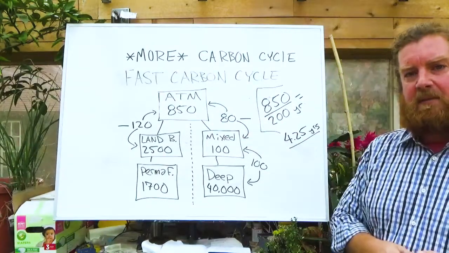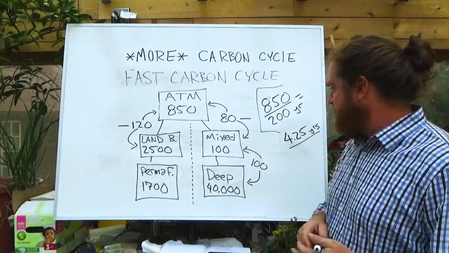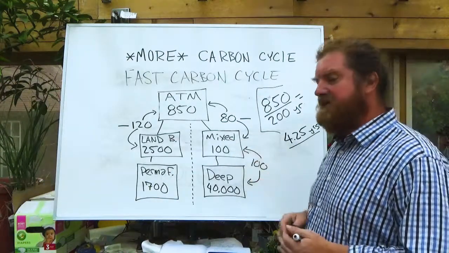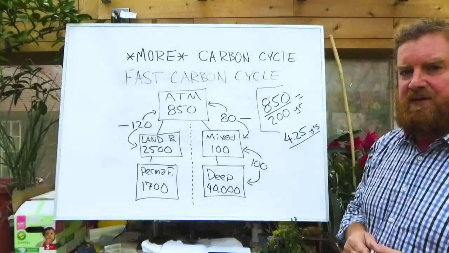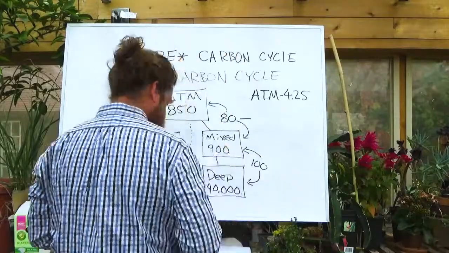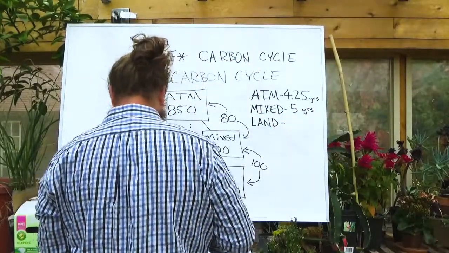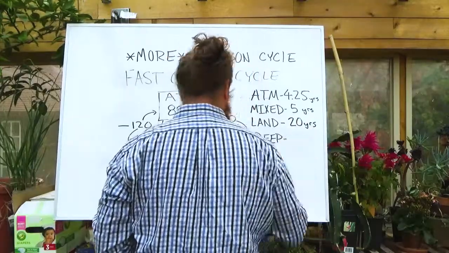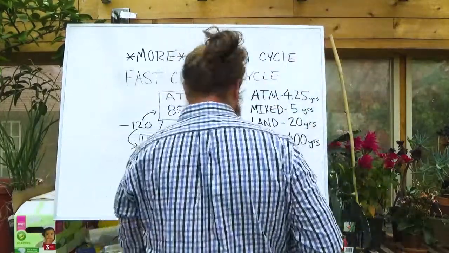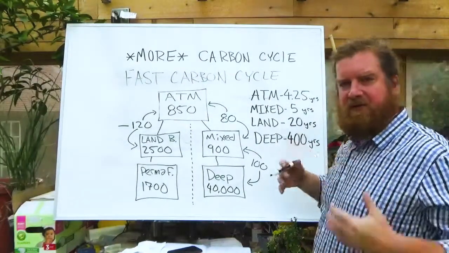So we can also look at a couple of other things here. We've got the mixed layer, we've got the deep ocean. So let's go ahead and calculate residence times for those different things. Okay, I saved you all of the math, and hopefully you can see this.